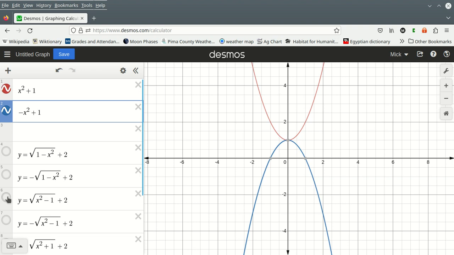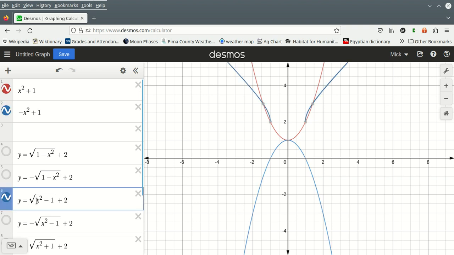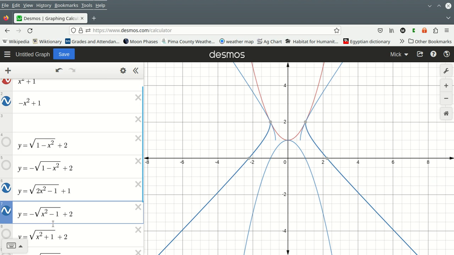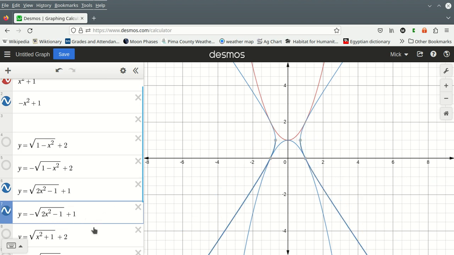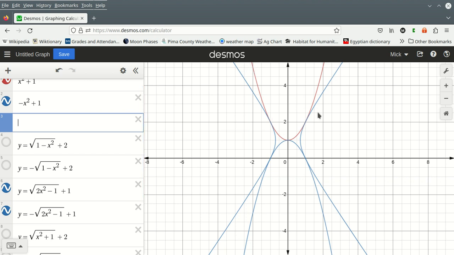And then let's see. I think if I do this, it may be slightly wrong, but it'll at least illustrate the basic idea. This should be pretty close. So there's one of your cones that we're cutting here, and we're cutting parallel to the side.